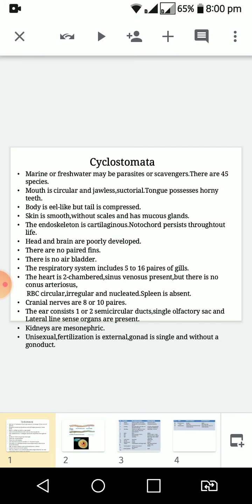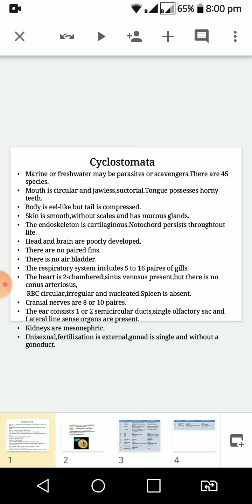Now the endoskeleton of Cyclostomata is made up entirely of cartilage, and in these animals the notochord is present throughout life. That is an important feature.